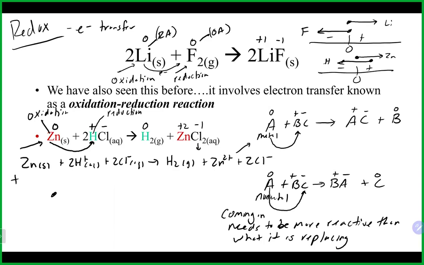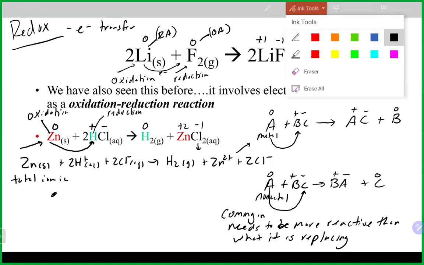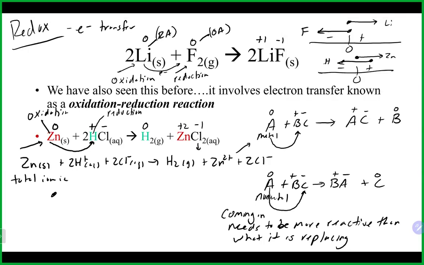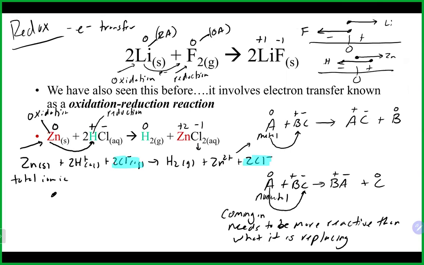And this would be our total ionic equation that's happening. And if you look at it just like we saw on our double displacement reactions, we actually see the chlorine here is our spectator ion. It's not changing. That actually only has one spectator ion in this case.